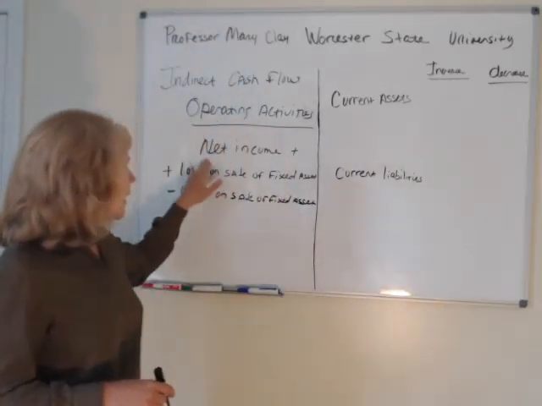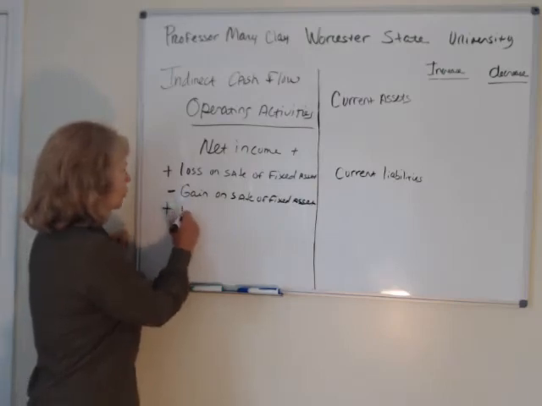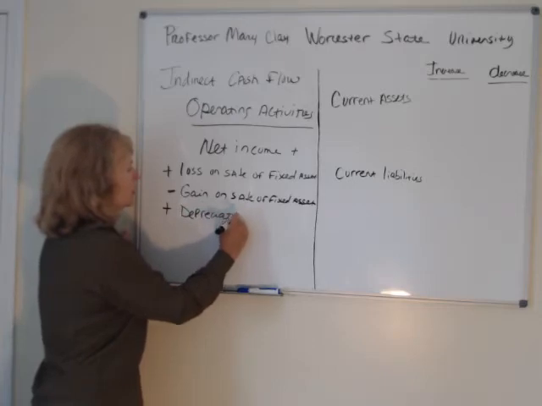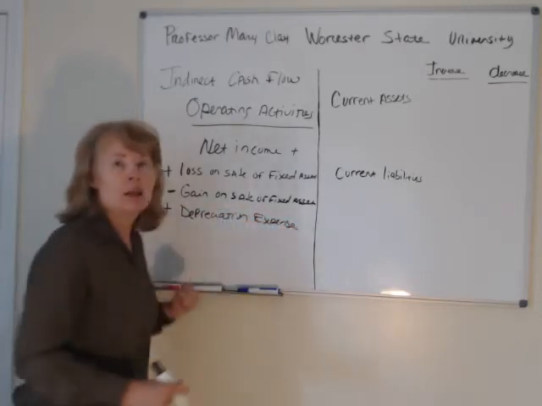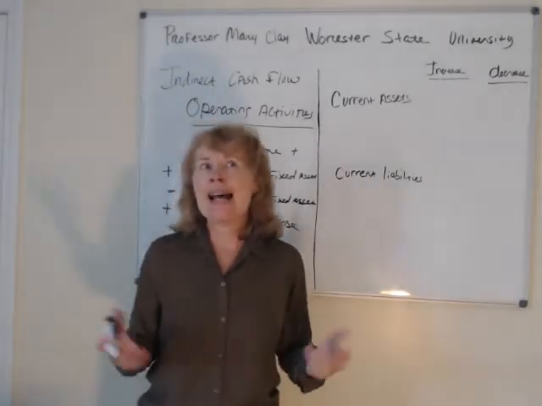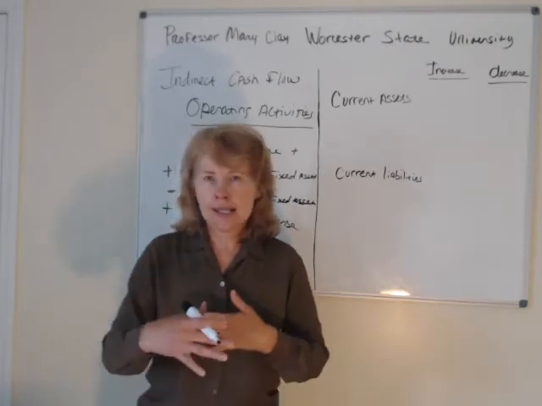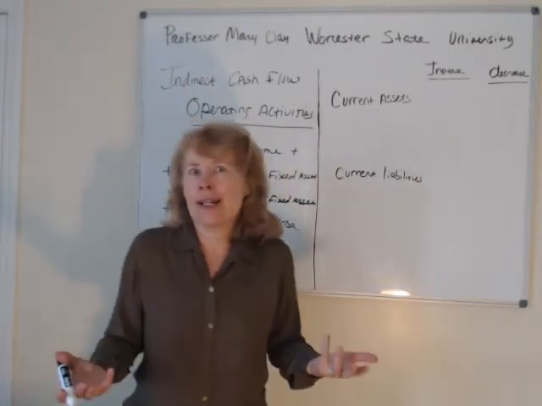Okay, so now the next item we're going to look for is depreciation. And I promise you, you will always add depreciation expense back. Again, you're working with net income. This is why 97% of the companies use the indirect method, because it's simpler for them to put together. All the items are already in net income.